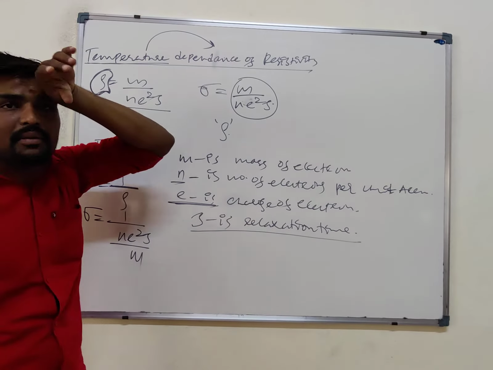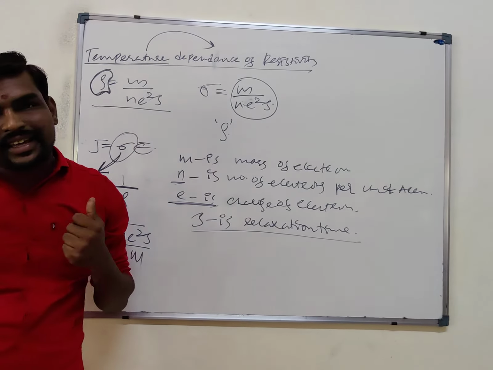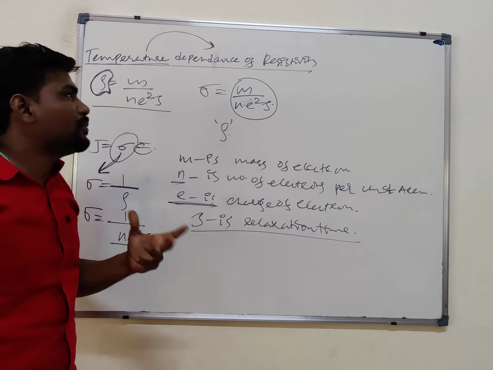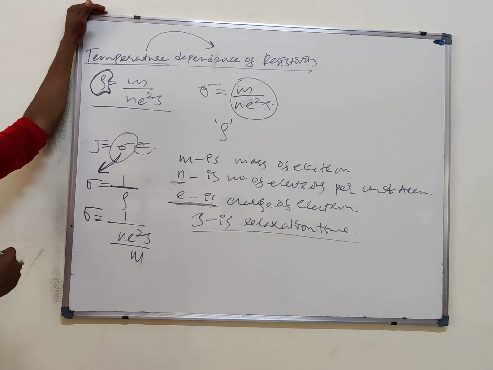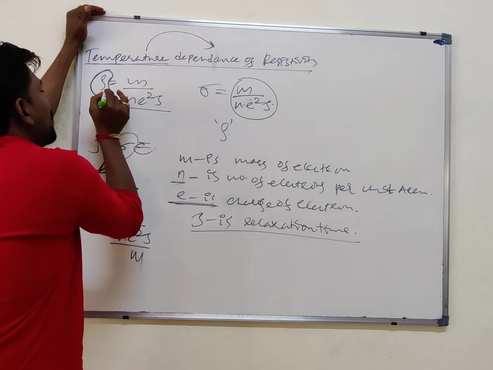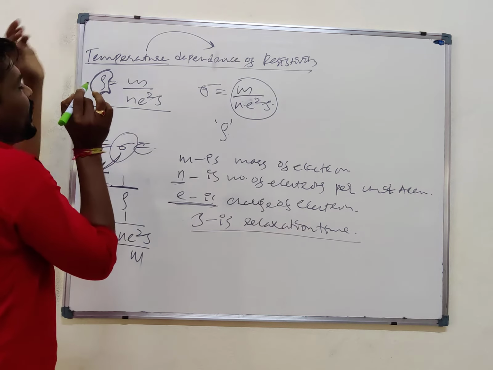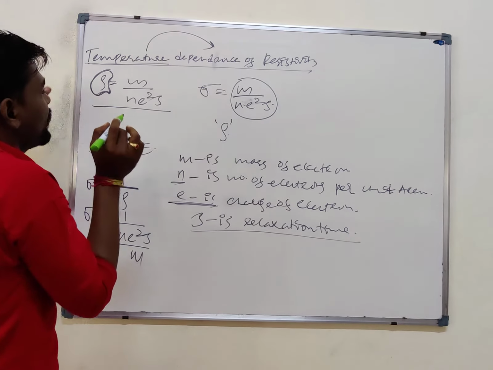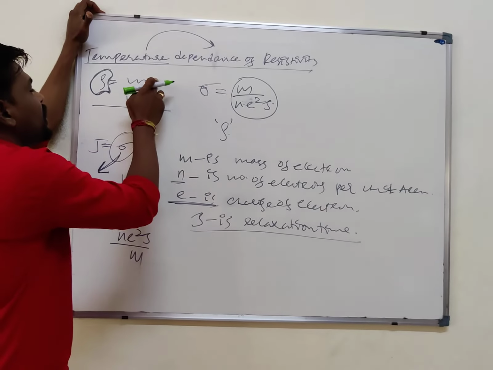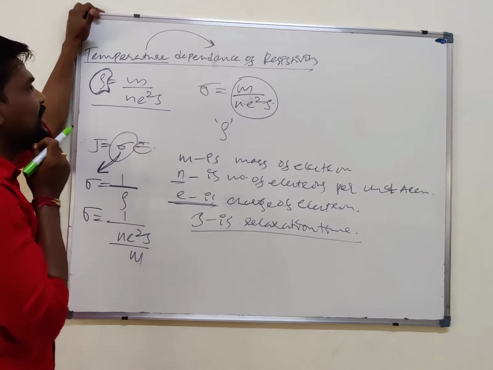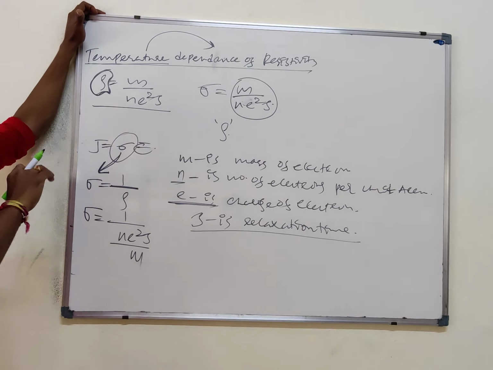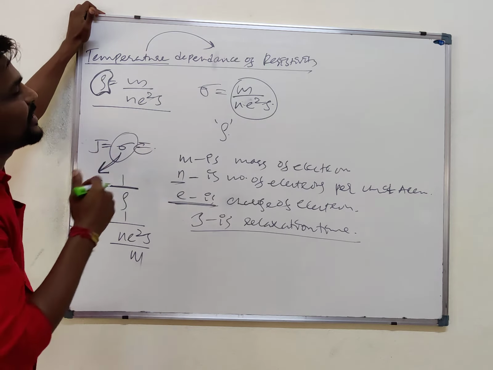How the temperature dependence will be, we will discuss. So here our rho is equal to m divided by n e square tau. So there is a derivation, and that derivation is going to be discussed in our next class.